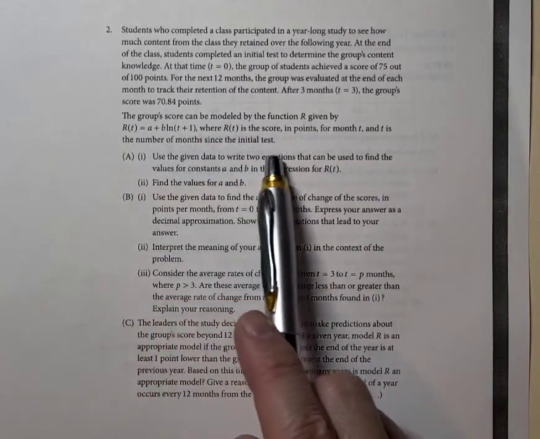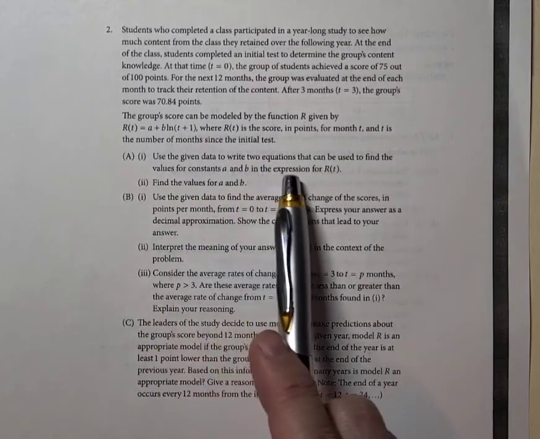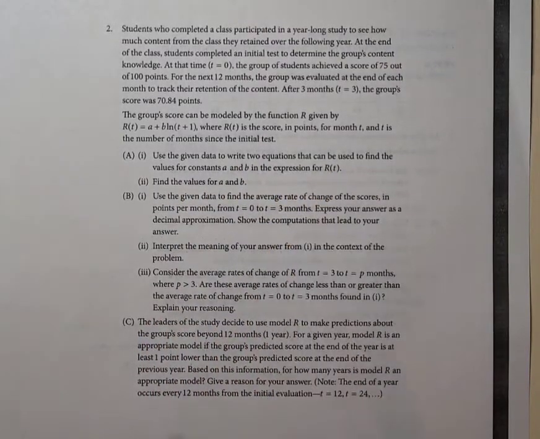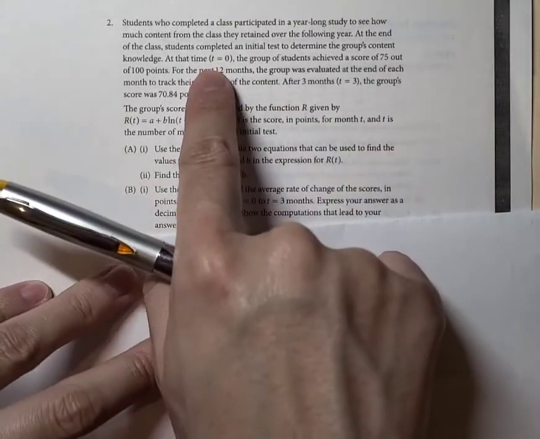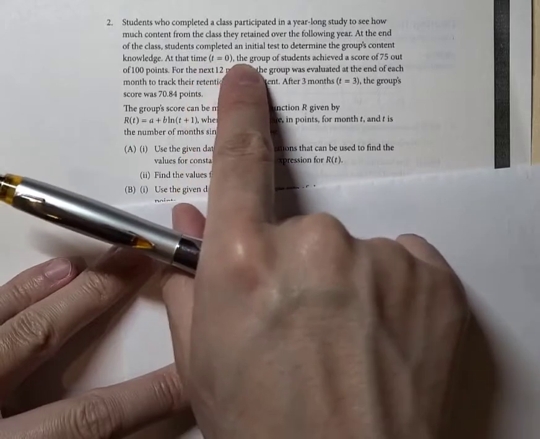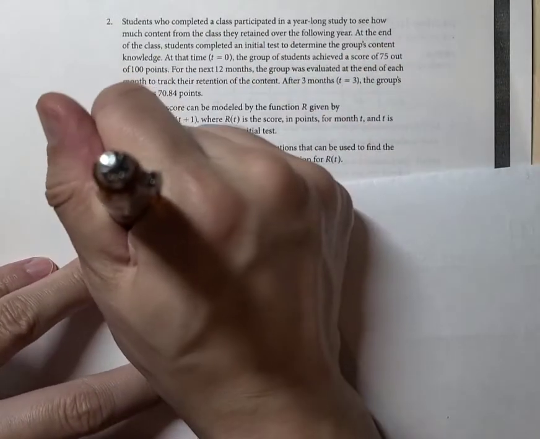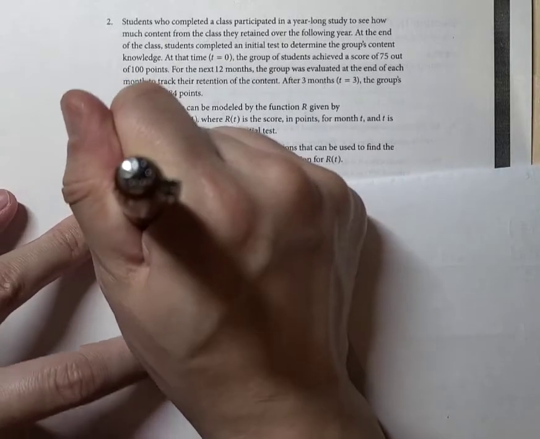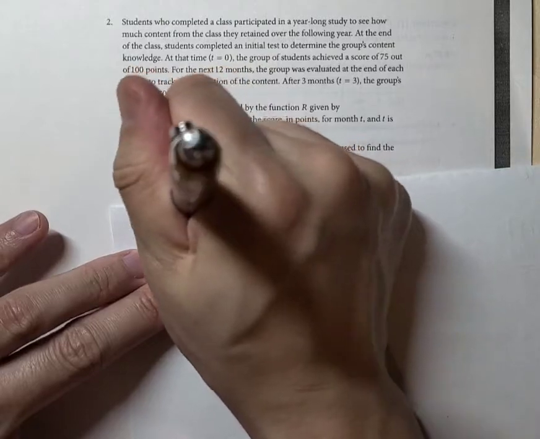Use the given data to write 2 equations that can be used to find the values for constants a and b in the expression for r of t. Okay, they give us 2 points already. When t is 0, r is 75, because r is the score. So they give us r of 0 is 75, and we plug that into our equation.